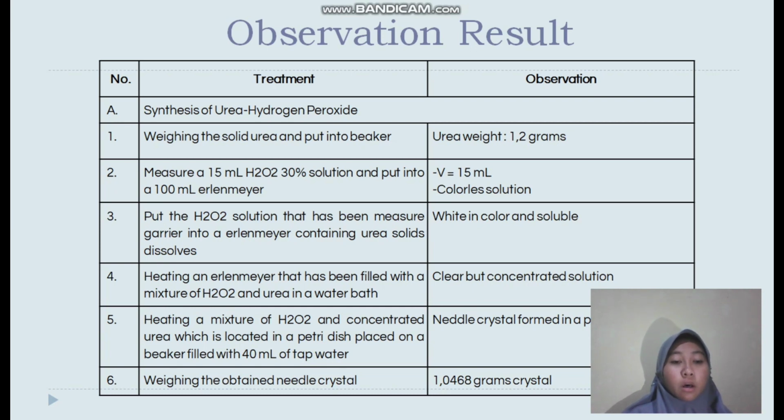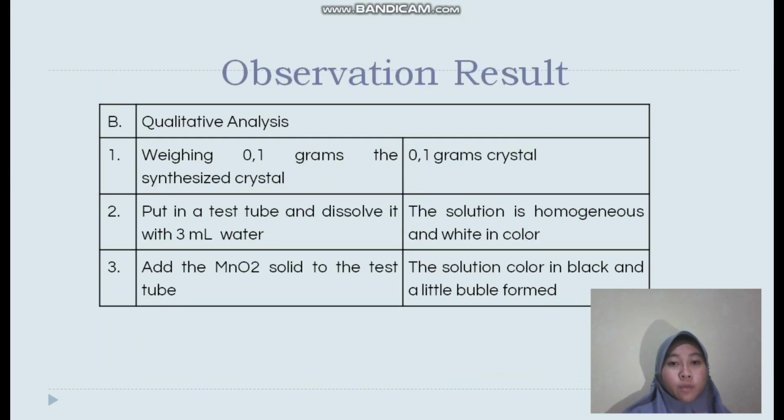Put the H2O2 solution in, observing the color. Heat the beaker that has been filled with the mixture. Observation: a concentrated solution. Heating the mixture, crystals formed in a petri dish. Weighing to obtain the crystal: 10.468 grams.